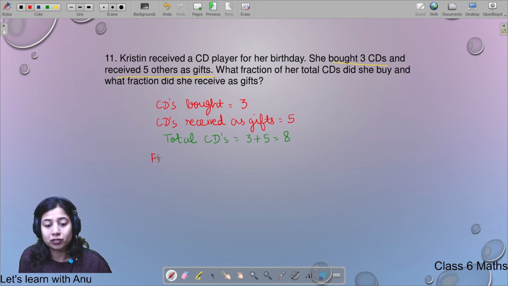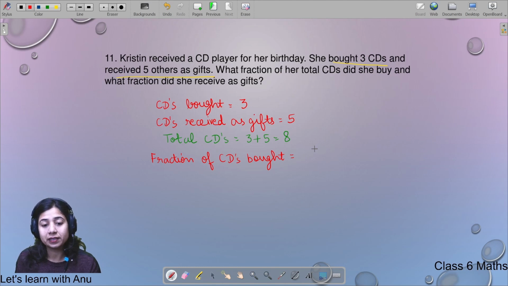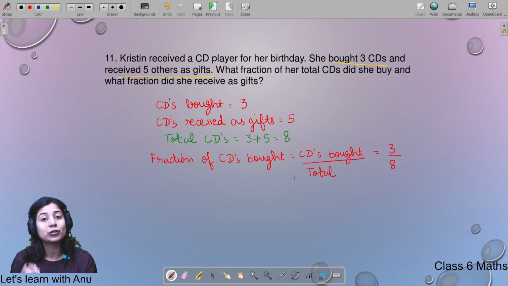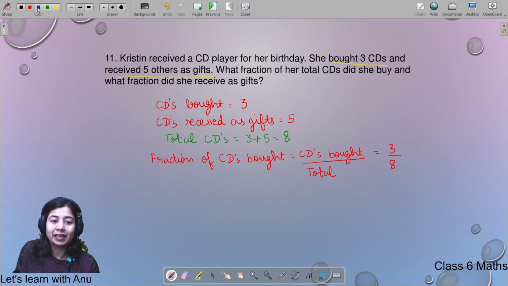So fraction of CDs bought is equal to, class, if you remember, in numerator it is number of CDs bought upon total, right? So CDs bought are 3 and total are 8. So fraction of CDs bought is 3 by 8.